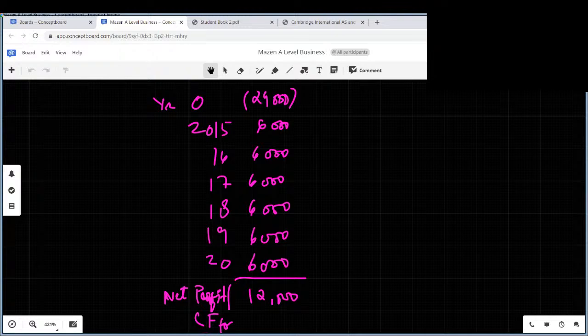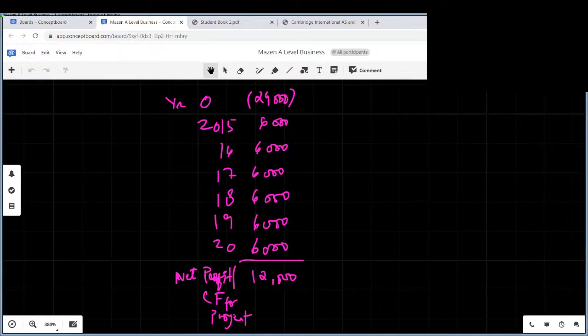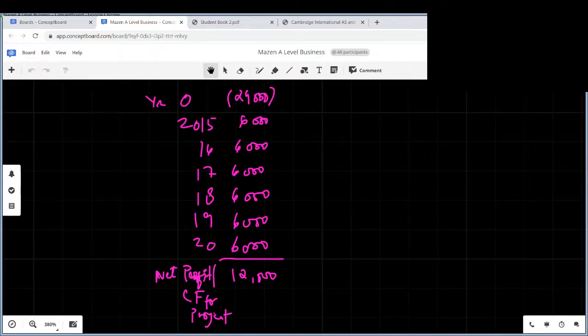This is over the life of the project. Over the complete life of the project, I will get a return of 12,000. Then I use this to calculate profit per year. Profit per year will be equal to 12,000 divided by 6, which is equal to 2,000.